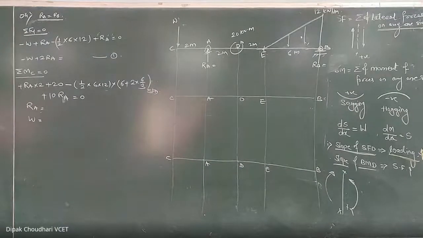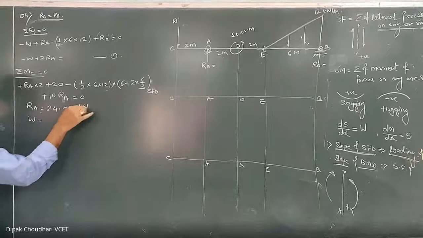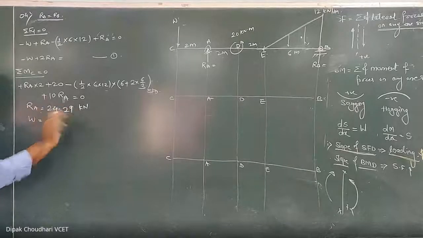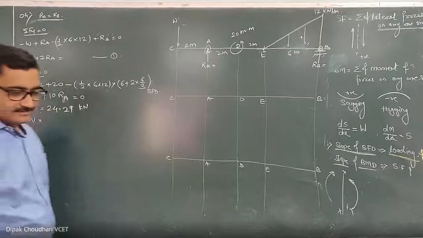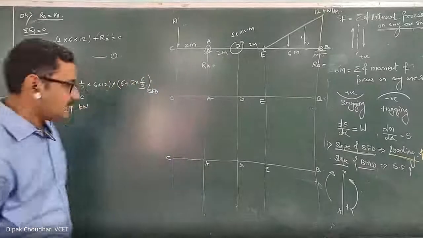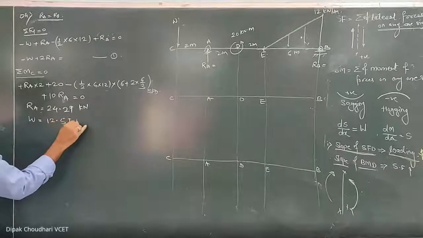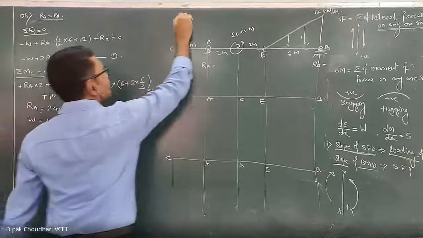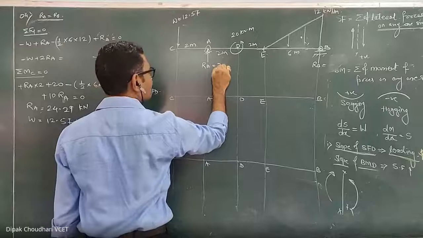Unmute yourself. Don't type the answer in the chat box. RA equals to 24.2857. Only 2 digits after decimal, and round up that: 24.29. Yes, correct. And how much is the W? 12.57. Correct answer. So this W equal to 12.57 and RA equal to 24.29.